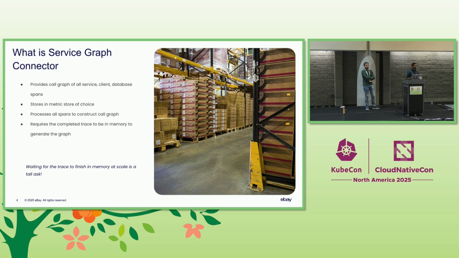For a lot of causal analysis, a service graph is very useful. And as we go into more automation with things like AI, a service graph is paramount for being able to successfully do causal analysis.